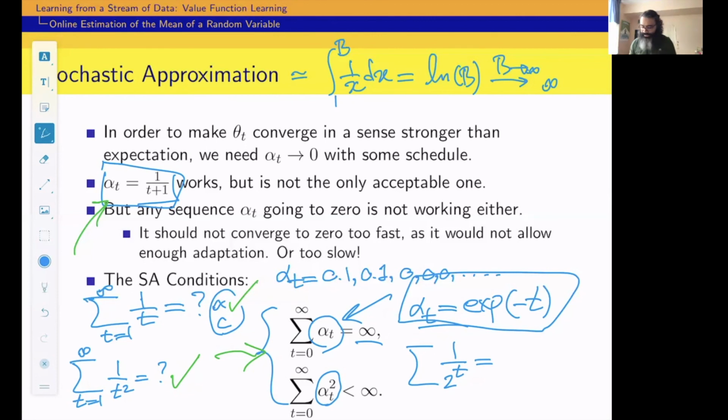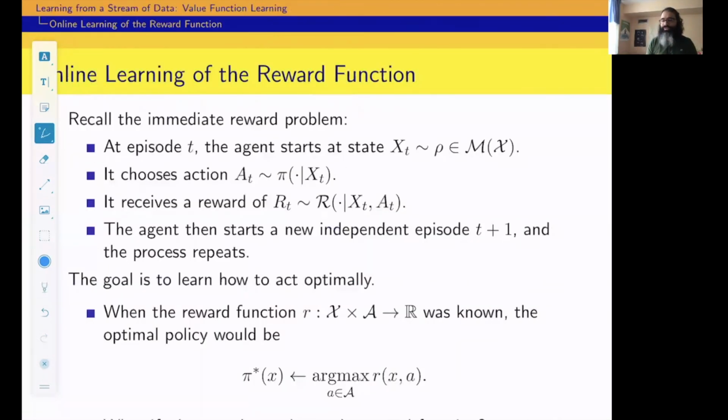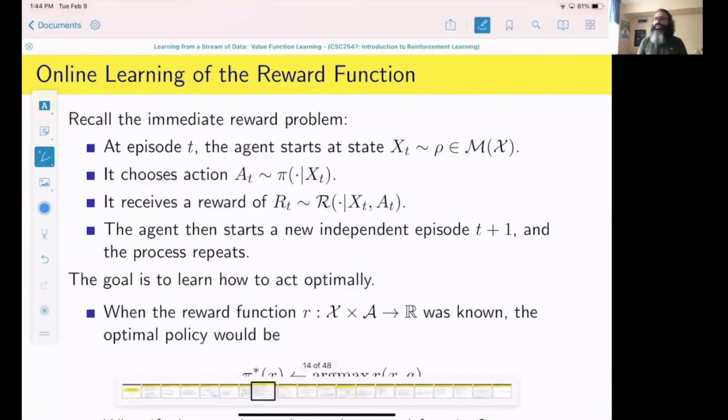Okay, so that's great. So this is for just a single random variable. Assume that now we want to talk about learning the reward function. And recall from the first lecture that we had this immediate reward problem, where we had this agent interacting with the environment for only one time step, and then the episode ends, and then it restarts a new episode.